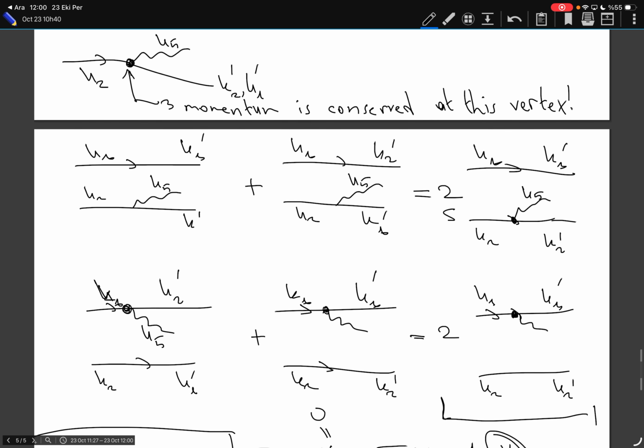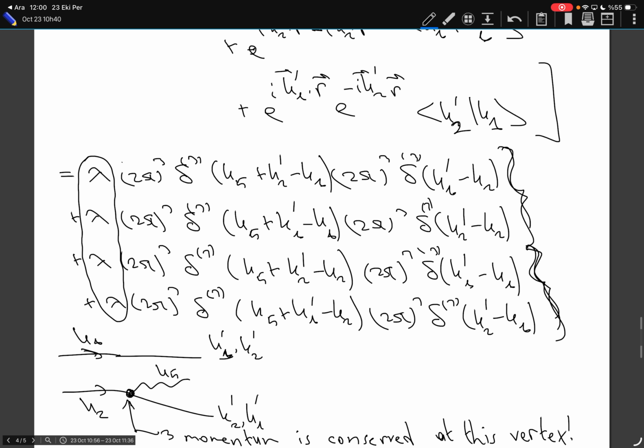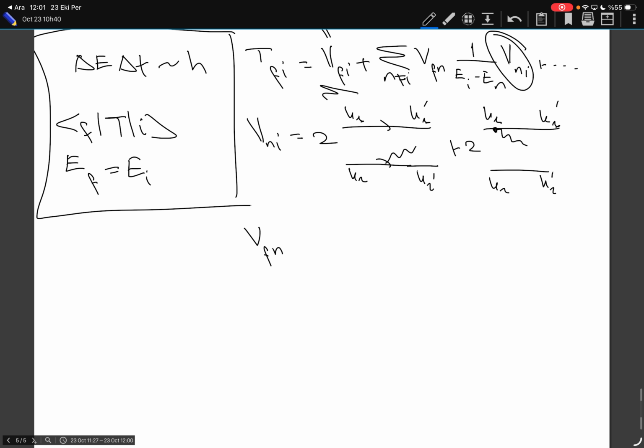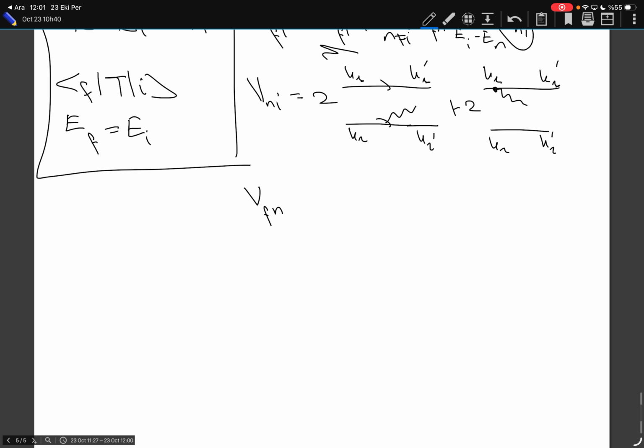If you look at what I had calculated over here, each diagram contributes a lambda with momentum conserving Dirac deltas. So in fact, I can straight away write these factors for VNI.